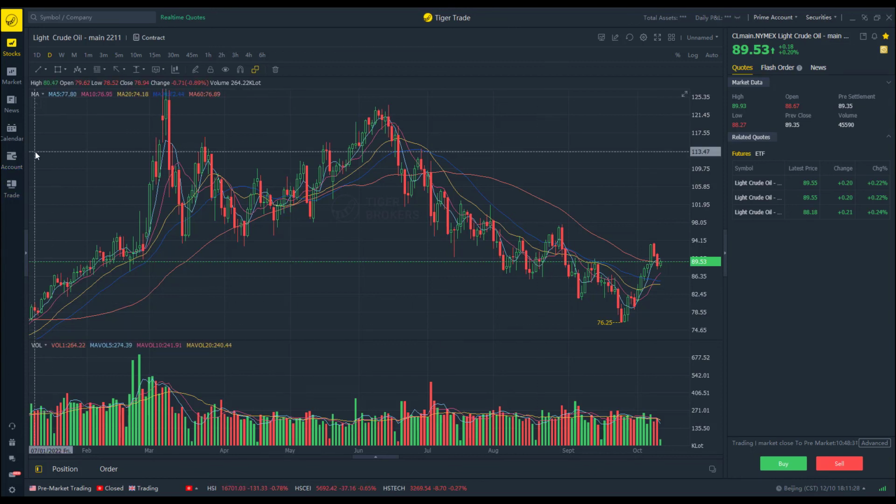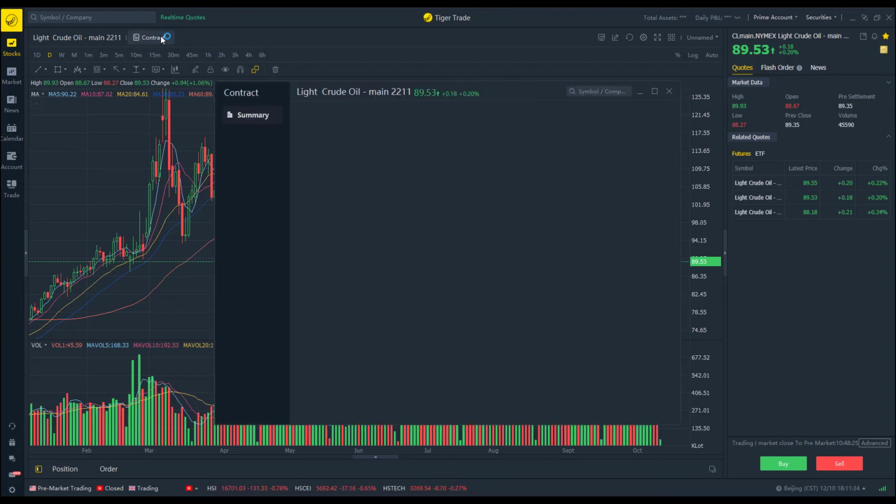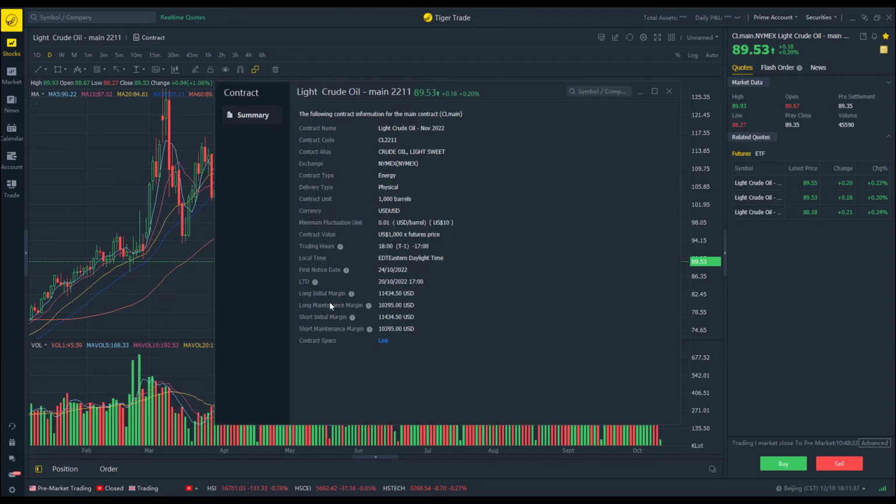Now inside the broker here, Tiger Brokers, we've got crude oil, and if we hit the contract button, we can see down the bottom there the initial margin we need. Now for this contract we're going to need over $11,000.